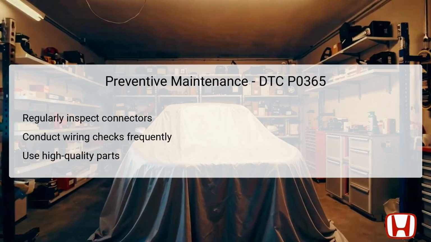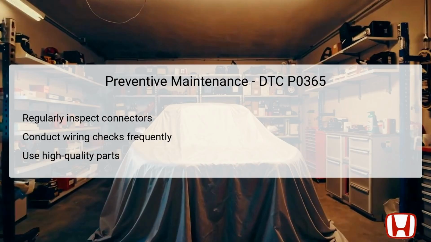Preventive maintenance plays a vital role in avoiding the recurrence of issues like DTC P0365. Regularly inspecting electrical connectors related to the CMP sensor and the PCM can help identify any signs of wear or damage before they lead to significant problems.